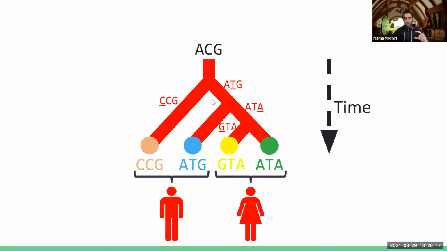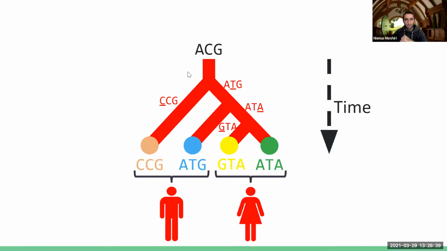And then over time, as we go forward in time, mutations occur in that virus. So for example, the original sequence, which we call the ancestral sequence, was originally ACG. And then over here, it was still ACG, but it split down two branches. It split down this evolutionary branch and this evolutionary branch.